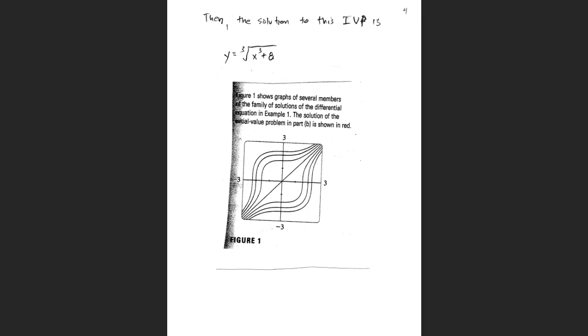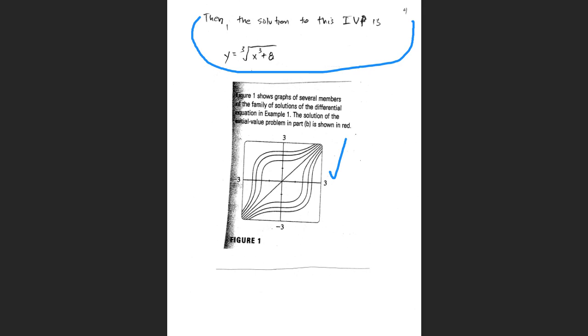But there's a figure 1 in the book that shows the family of solutions, and I'm gonna just go to the book here. Let me follow up in the book with that figure.